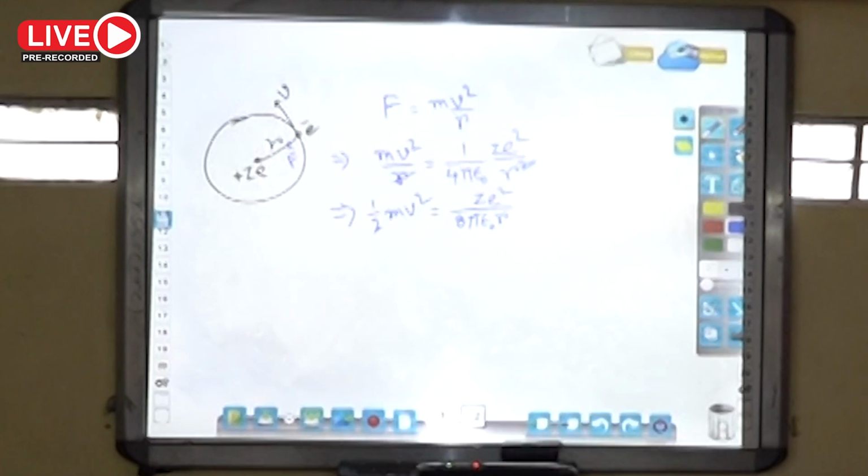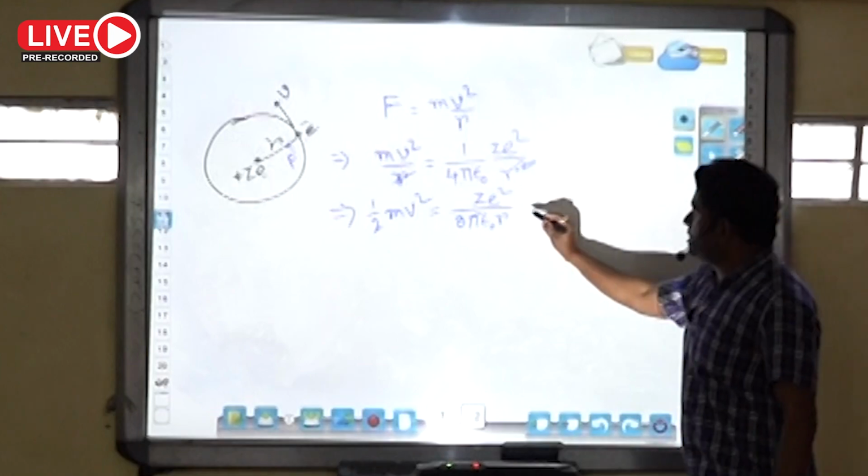Now, this is the kinetic energy of the orbital electron according to Bohr model. So this is equation 1.